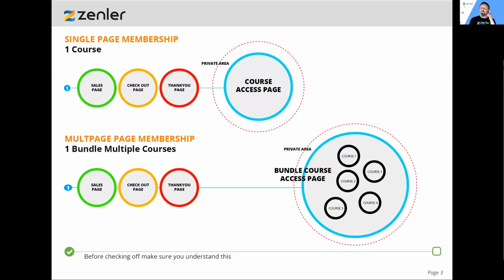So within that bundles course access page, we can add multiple courses that link to that access page. All right. So if this doesn't make sense, it will, but hopefully this diagram explains it for you. So that's good. Let me stop the share and ask if you've got any questions.